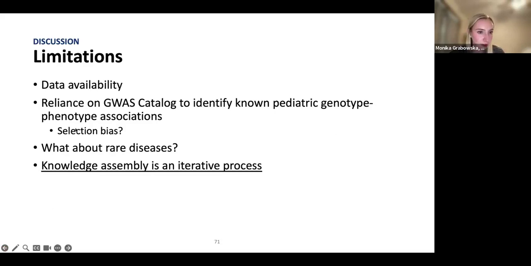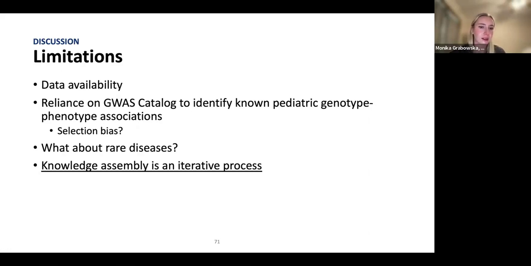I will say that we did only use the GWAS catalog to identify these known pediatric genotype phenotype associations, which could introduce some component of selection bias. Had we used maybe a rare disease GWAS database or OMIM, we might come up with a list of different genetic variants than what we explore here in our replication analyses. That's also something we would like to explore in the future.